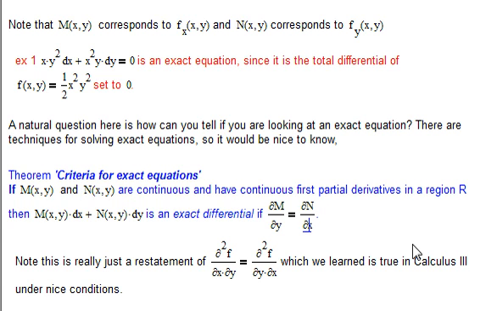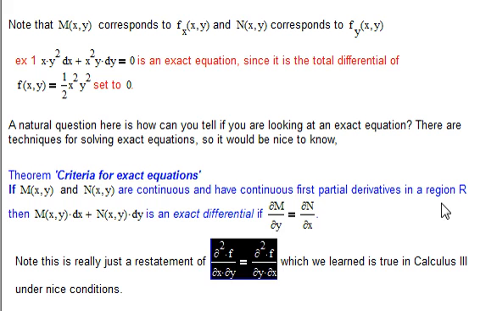Now what that is saying, and I'll again ask you to bring back some of your Calculus 3 memory, would be that when you take the derivative of f with respect to x and then y, or if you take the derivative of this function f with respect to y and then take the derivative of that with respect to x, that they're equal to each other.